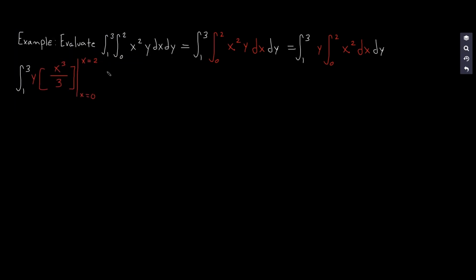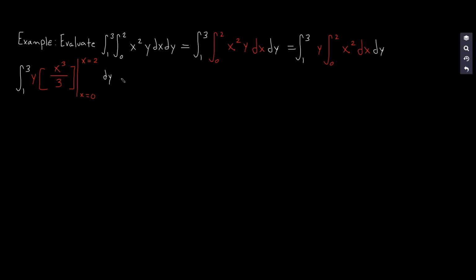And then on the outside, I'm going to put dy because this is all taking place within the integrand. So notice that this dx and dy are different. This is integration with respect to x, this is integration with respect to y. So when I'm evaluating the bounds here, I'm going to say, okay, x equals 0 and x equals 2. And that's a good habit to get into when you're doing multivariable calculus integrals.